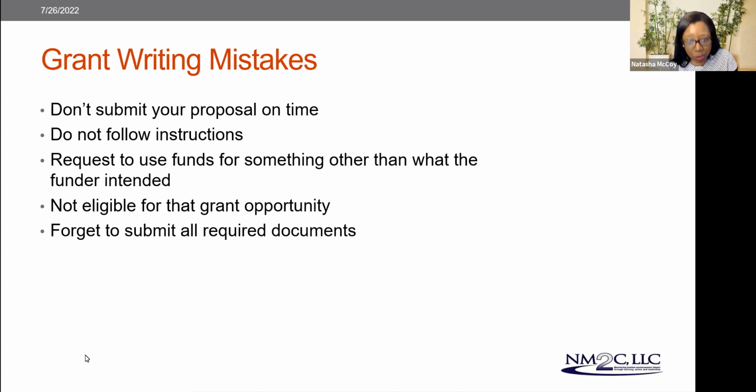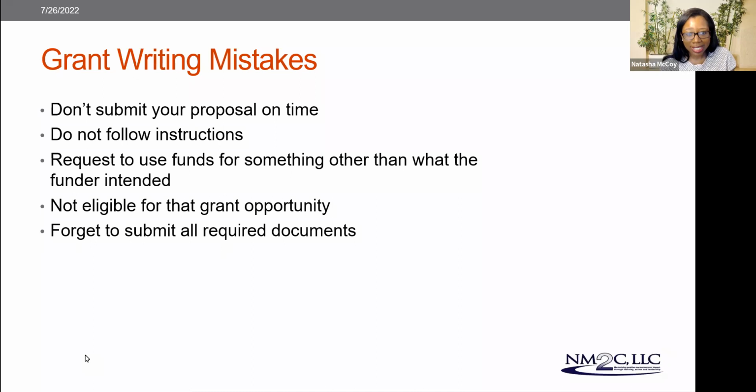If it's not eligible for that grant opportunity. So if you work to address the needs of animals, animal rescue, but the funding is for kids that need wheelchairs, that is not that particular grant opportunity. So you need to connect with INIE's Revenue Research Center and find the right grant opportunity for your cause.